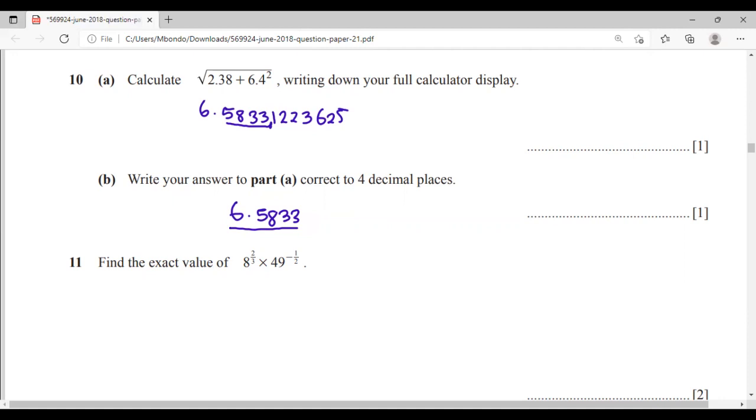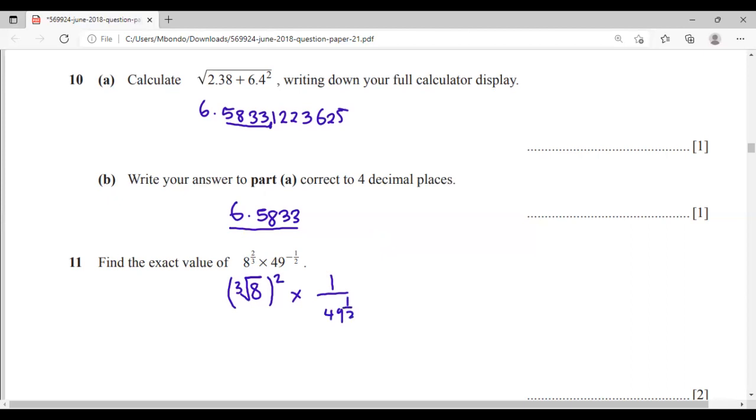So this is going to be 8 to the power 1/3, put in brackets, squared, multiplied by, because of the negative there, we first of all have to start with this, isn't it? That's the first thing that we're supposed to do.